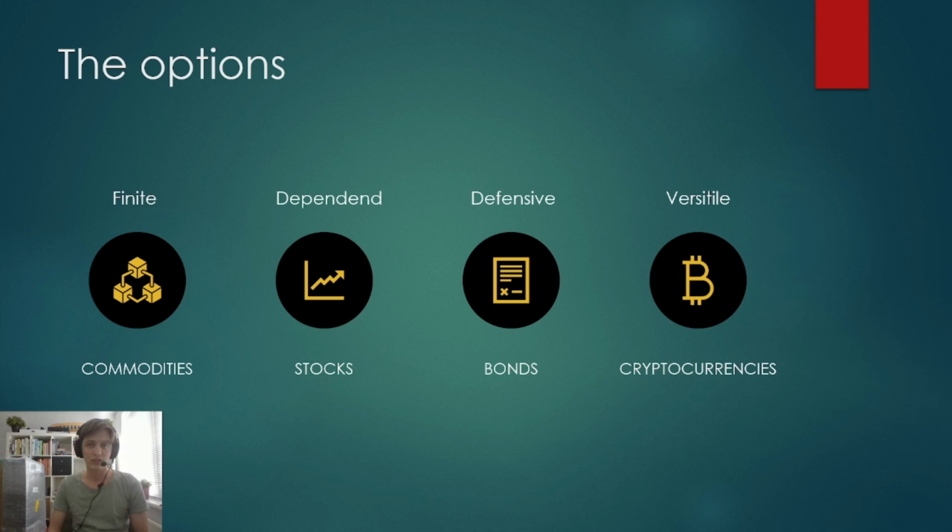With bonds, they're defensive. Like I said, in a recession, people will tend to buy bonds because they offer a fixed return. When you go into the contract, this could change for the better or the worse for you later on, but it's fixed in the contract.